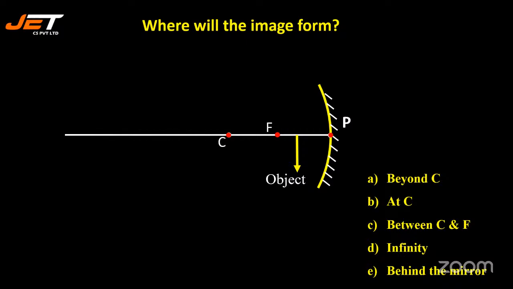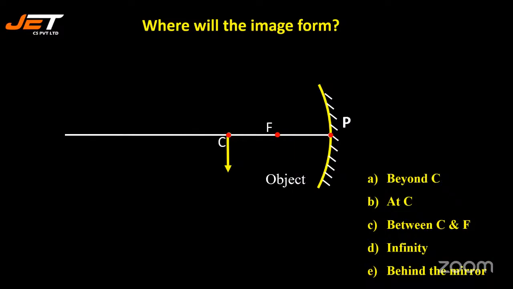It is behind the mirror. Yes, Adarsh, it is E. Jafar, E. Yes, Nitin, very good. So the answer is behind the mirror. మనకి ఫోకస్ అండ్ పోల్ మధ్యలో ఆబ్జెక్ట్ ఉంటే ఇమేజ్ బిహైండ్ మిర్రర్ ఫామ్ అవుతుంది.